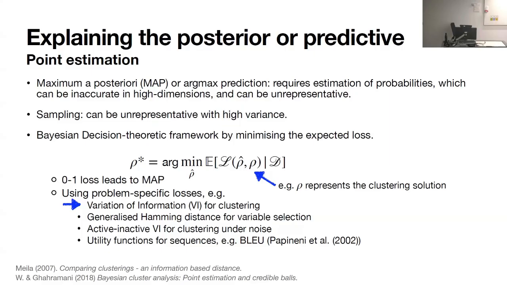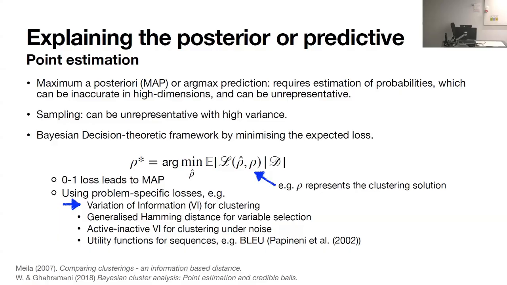But in this work, I'm going to focus on the variation of information for clustering. This was proposed by Meilă in 2007, and we showed why this is a good metric in this context in this paper. And so with Jim now and some collaborators in Edinburgh for the variable selection problem, we're looking at the generalized Hamming distance.